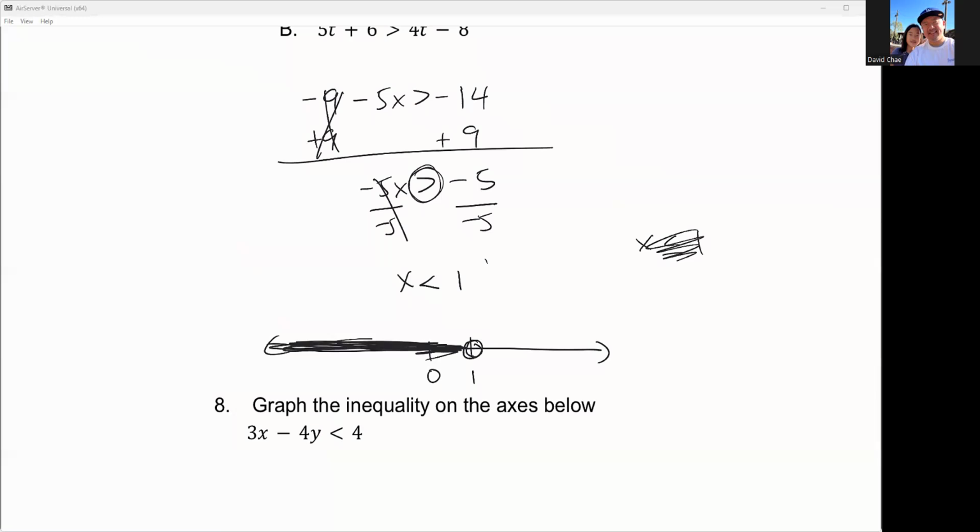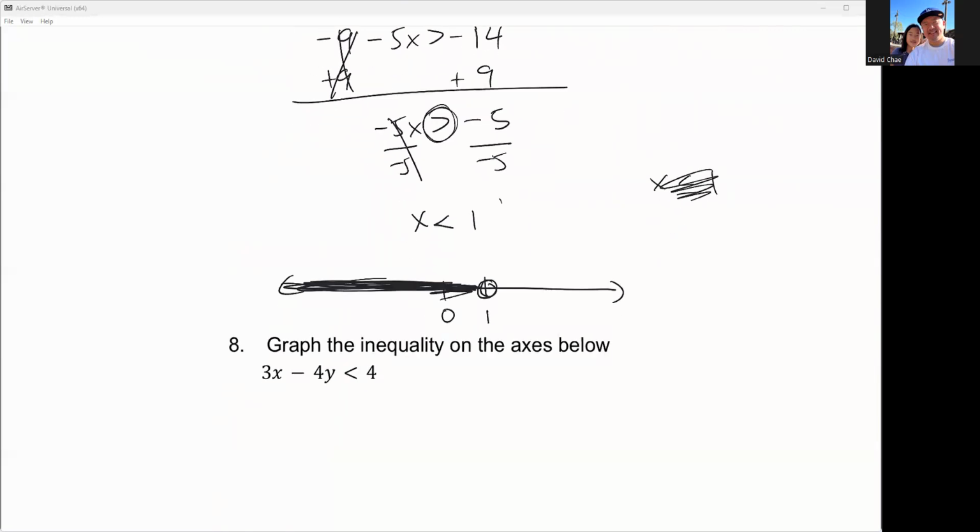So if your answer was 1, it wouldn't be right. Like if x equals 1, you wouldn't include that in the inequality. It's less than 1. If I ask you, give me a number less than 10, and you say 10, that's wrong, right? Because it's not less than 10.